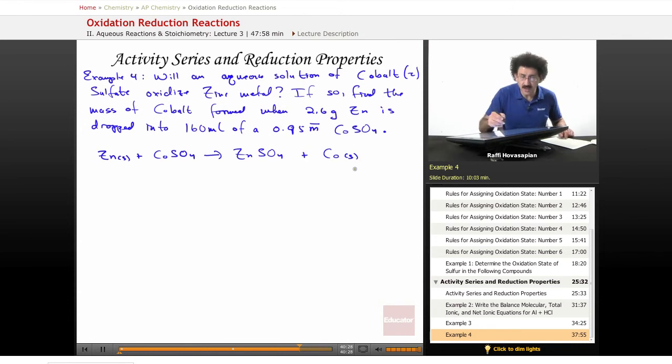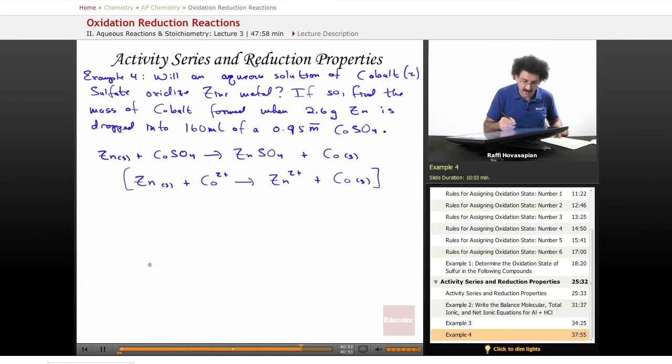When we do the ionic, the sulfates cancel, and what we end up with is a net ionic of the following: zinc metal, solid, plus cobalt 2 plus, aqueous, turns into zinc ion plus cobalt metal. That's the reaction. And again, the stoichiometry is 1-to-1, not a problem.